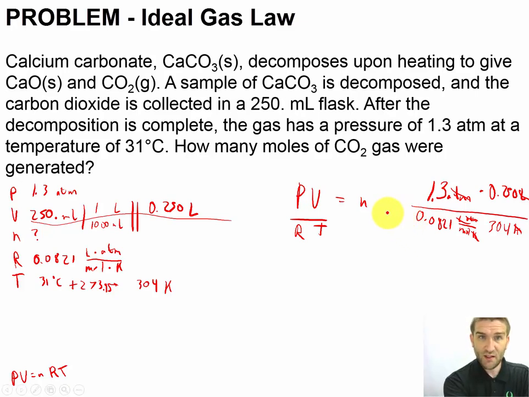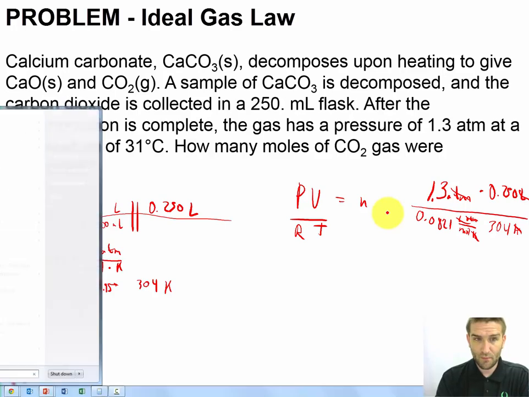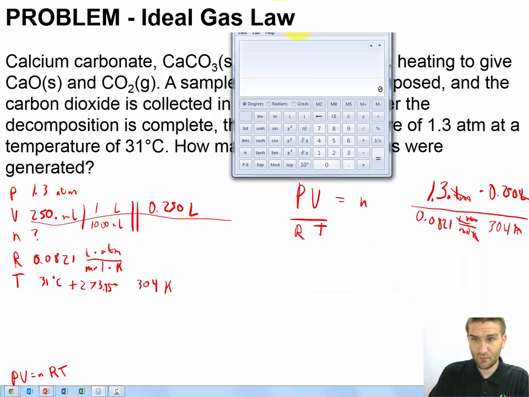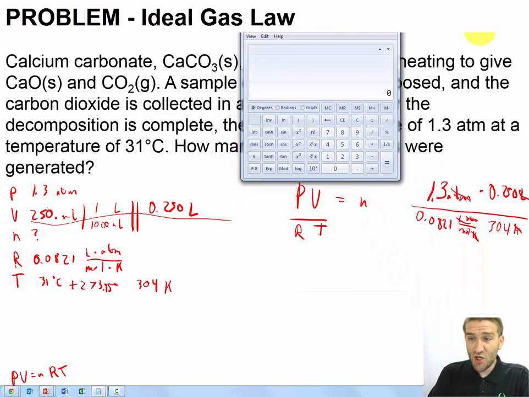Let's go ahead and grab that calculator right now. Okay, so we have 1.3 times 0.250 divided by 0.0821 divided by 304.